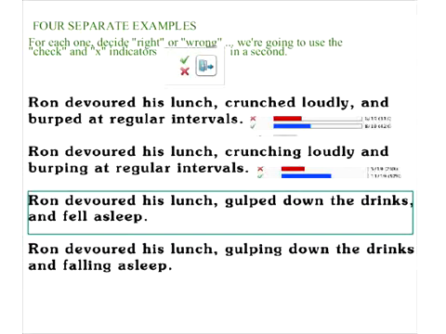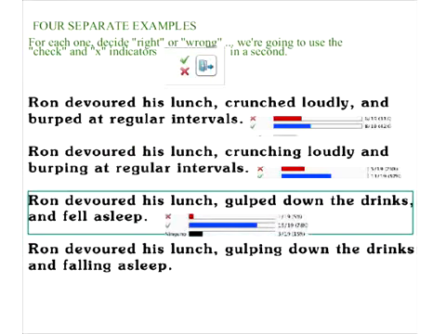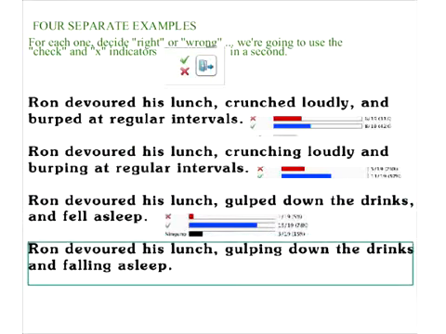Here's what you guys thought. So overwhelmingly, people are saying that is fine. And then what about this last one? Go ahead and click the green check or red X, please.